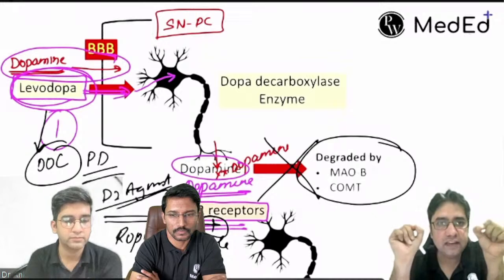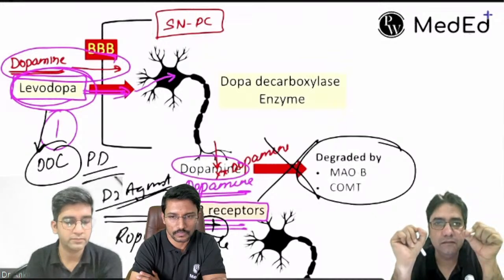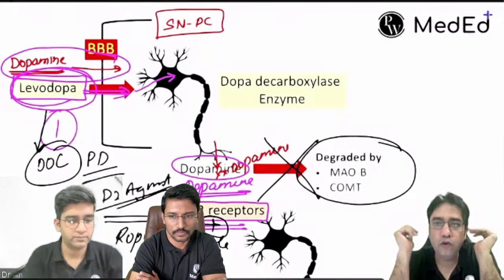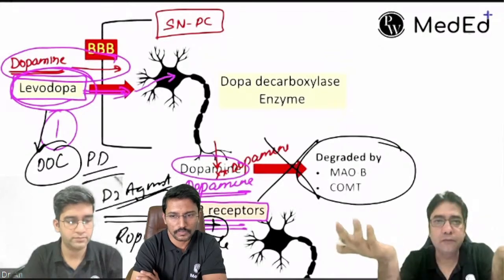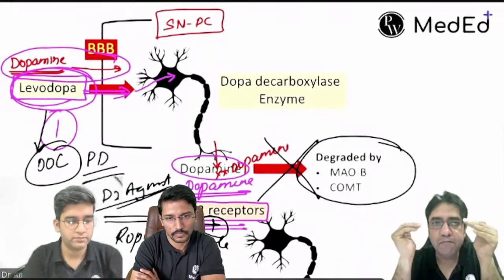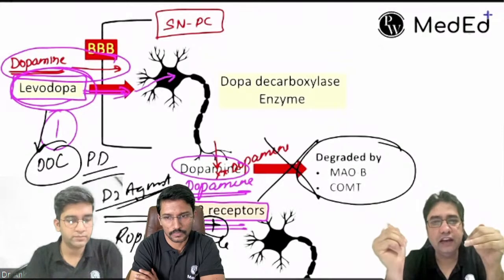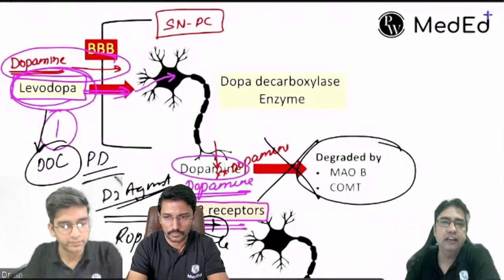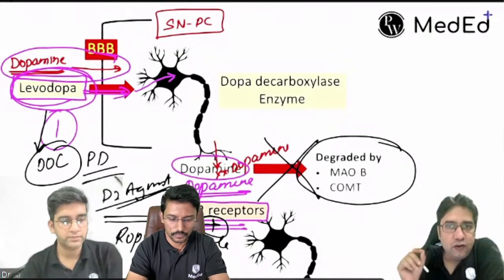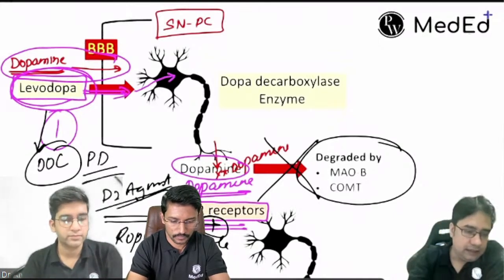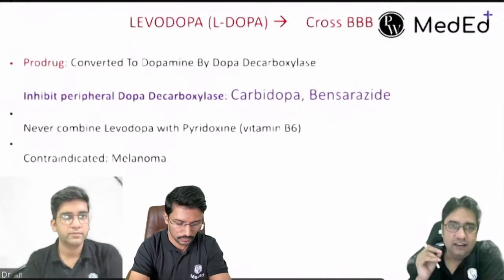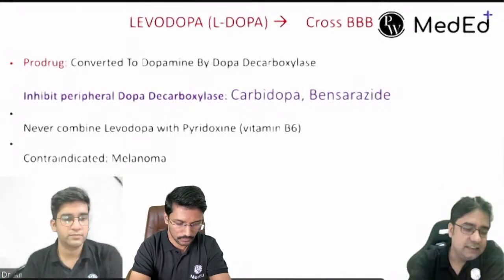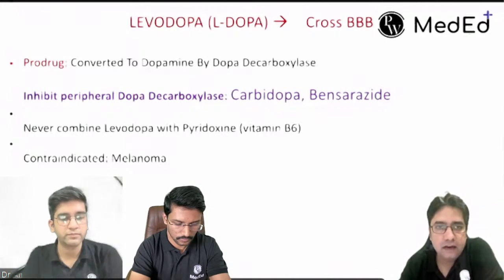If we inhibit this MAO and COMT enzyme, it will increase the level of dopamine inside our brain. Hence, we have MAO-B inhibitors and COMT inhibitors, the enzymes which are responsible for degradation of dopamine which is produced.